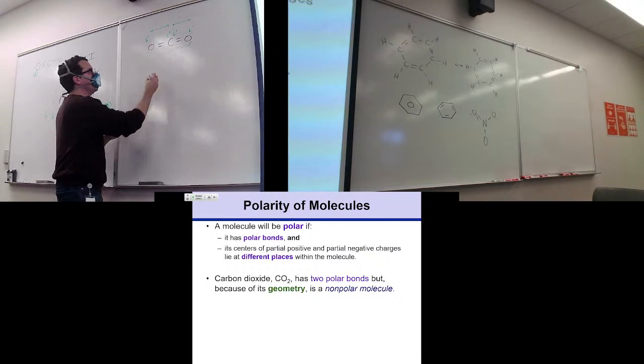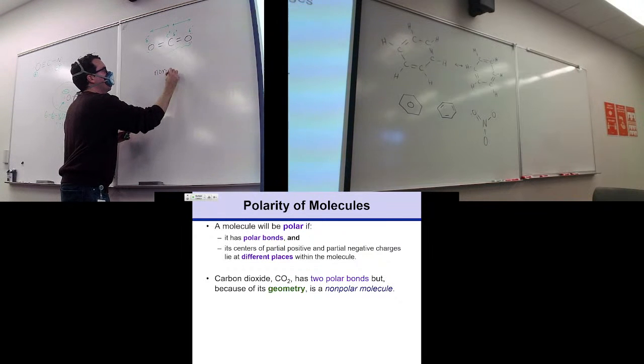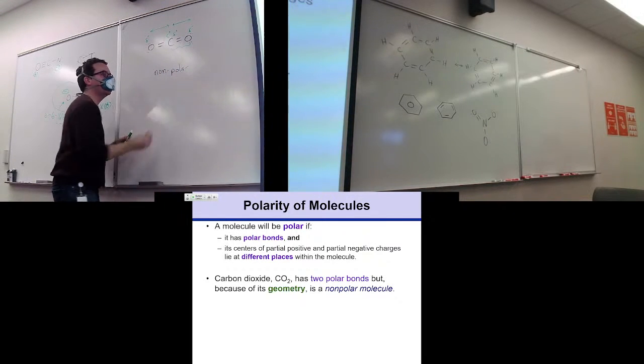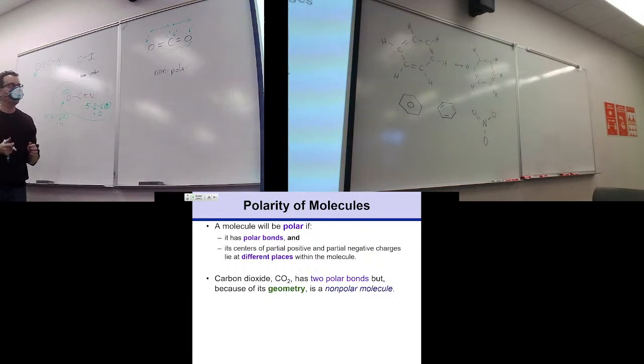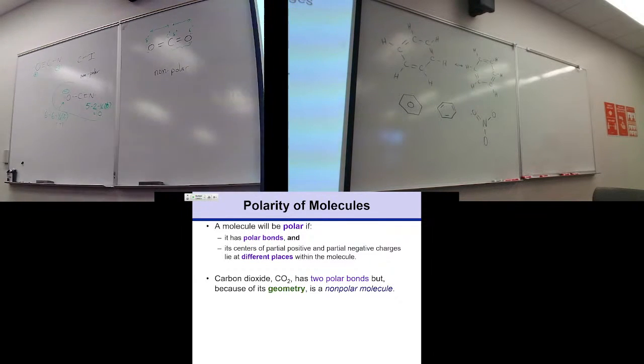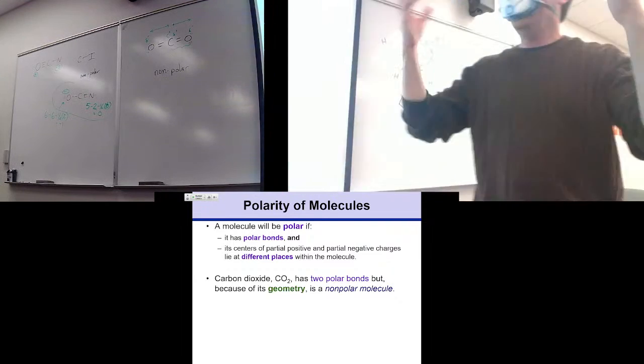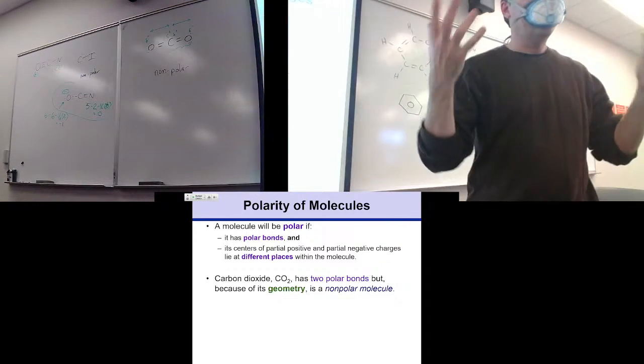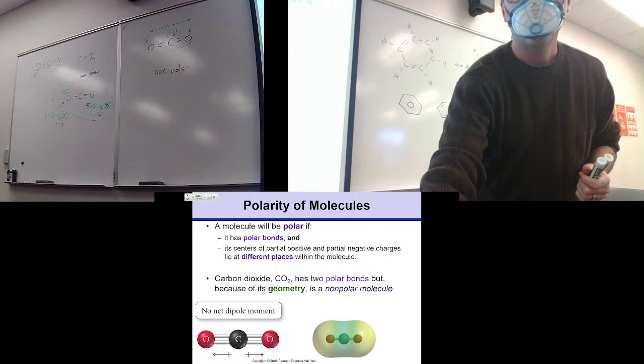So overall, this is a non-polar molecule. Even though it contains polar bonds, it's non-polar because the bonds' polarity, the dipole moments, cancel each other out. So you have to think spatially, three-dimensionally in your head, in order to understand that.